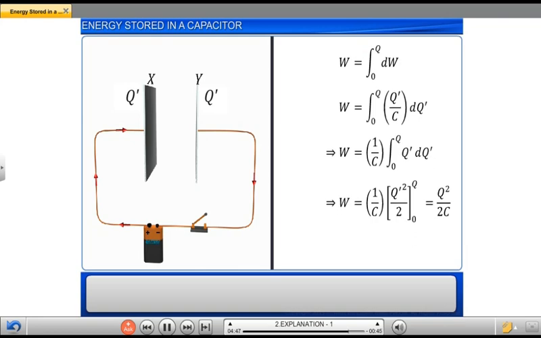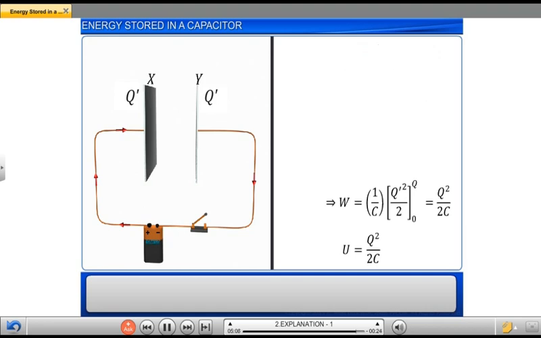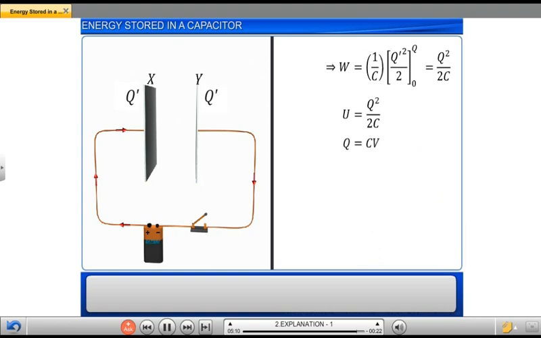This work done, W, is stored as electrostatic potential energy in the capacitor. The electrostatic potential energy of the capacitor is denoted by U. Hence, we get U is equal to Q squared by 2C. Using Q equal to CV, we also see that energy stored U is equal to Q squared by 2C is also equal to half CV squared.